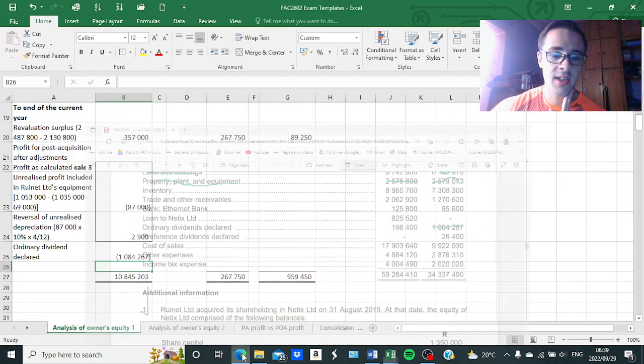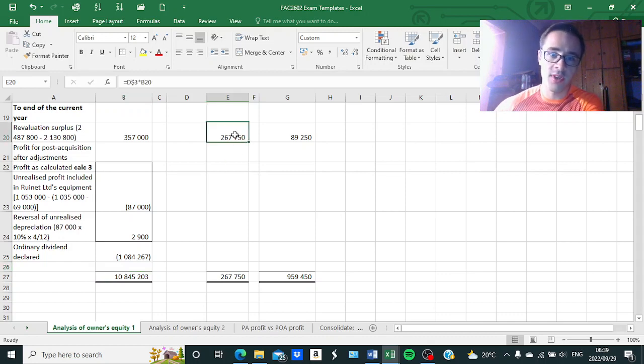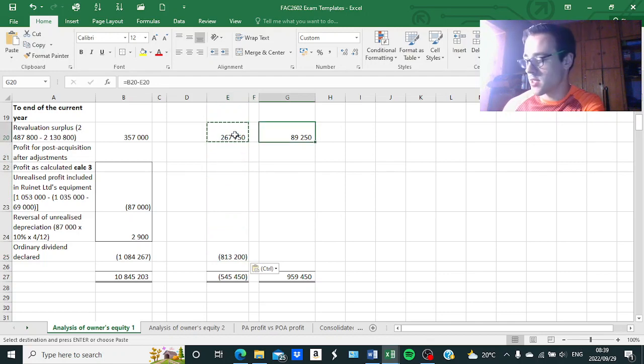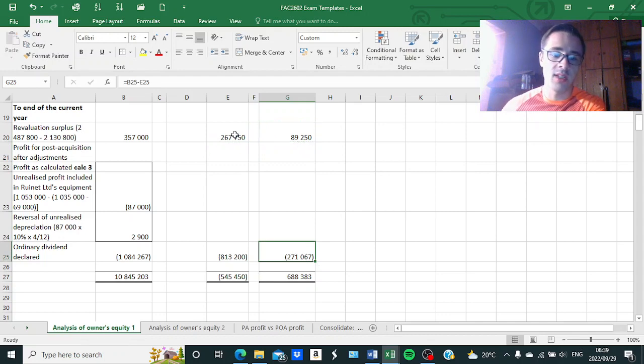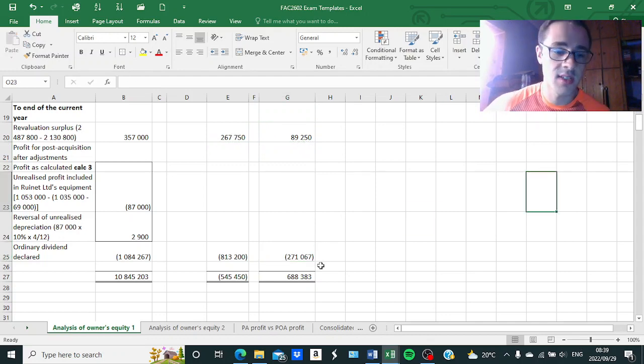We need to calculate the amount paid to the parent, because the parent itself is a shareholder of Netix Limited, and that will be 813,200 Rand. And the amount for non-controlling interest would be 271,067.